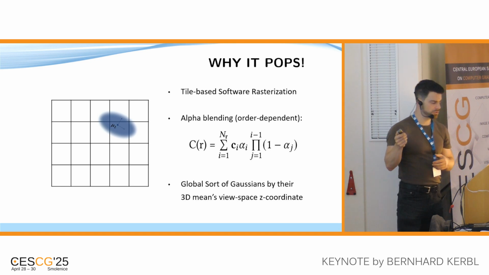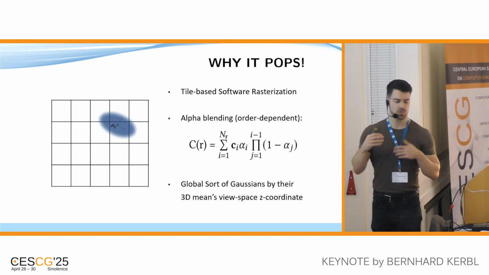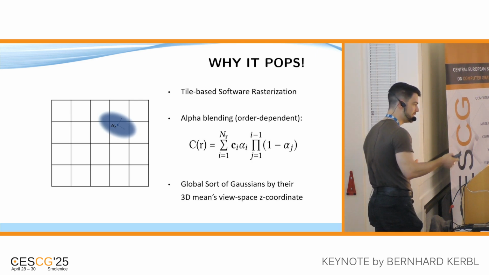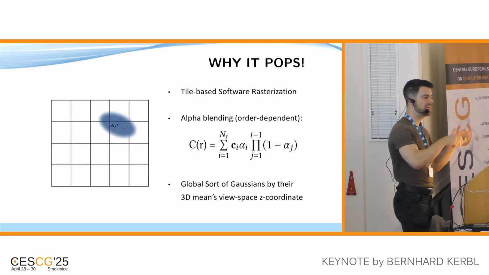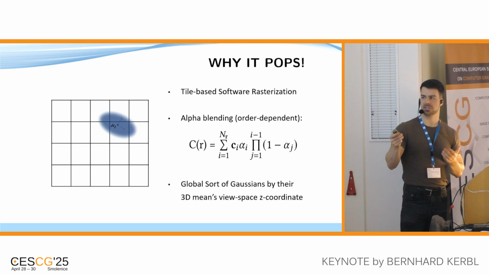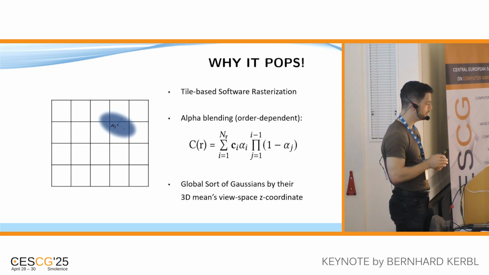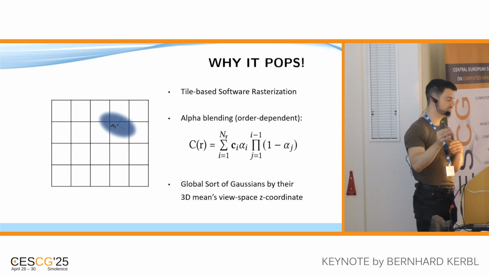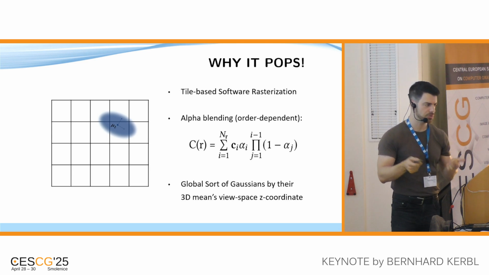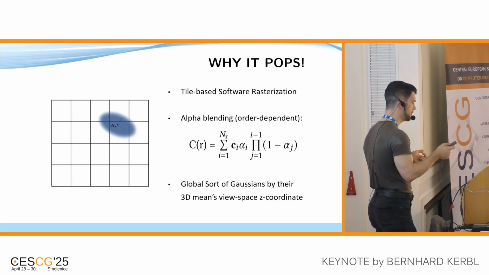So the Gaussians are not sorted per pixel, actually. So visibility of these Gaussian primitives is not resolved per pixel, but only approximately once for the 3D position's view space Z coordinate. So there's one depth value for every Gaussian in every pixel.